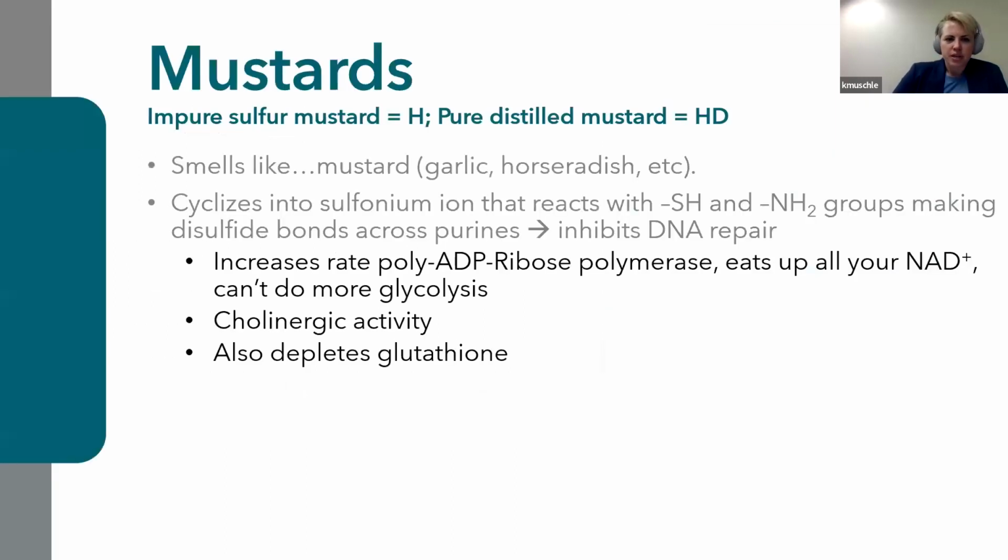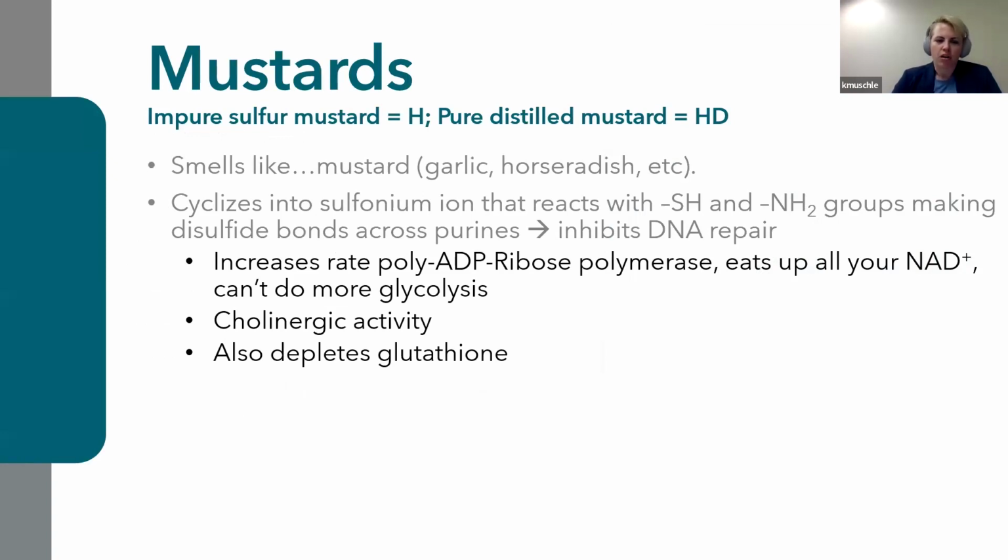Since I'm tired of saying I don't know, we're going to move into mustards, which is, for better or worse, something we know significantly more about because of exposures previously in both World War I and World War II, as well as the Iran-Iraq War in the late 1980s and early 90s.